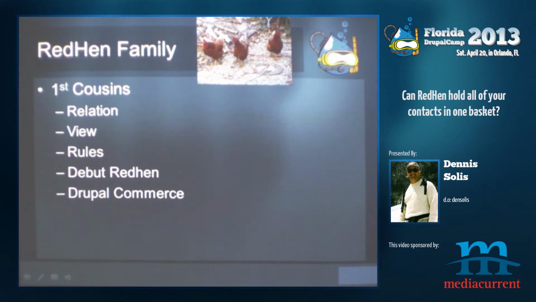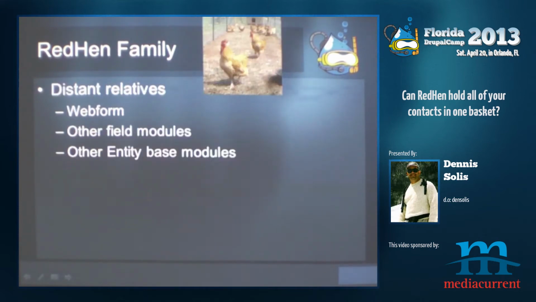And you can either choose charge or not charge. It also interfaces with web forms, plus it plays well with all the other field modules out there and other entity-based modules. RedHen's all entity-based.